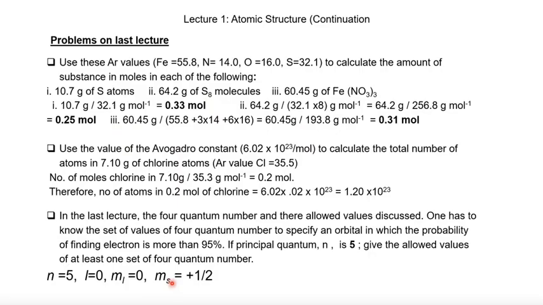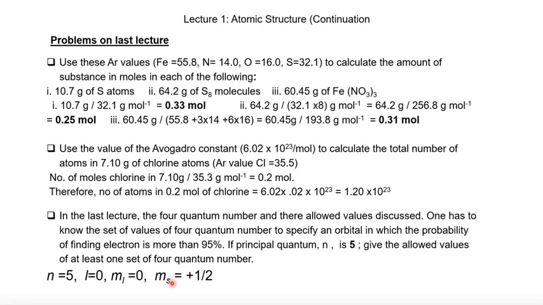This problem was also in the last second lecture's content. Again, use the relative atomic masses of the following elements: iron, nitrogen, oxygen, sulfur, and then we have to calculate the amount of moles in each of the following. What is given here?